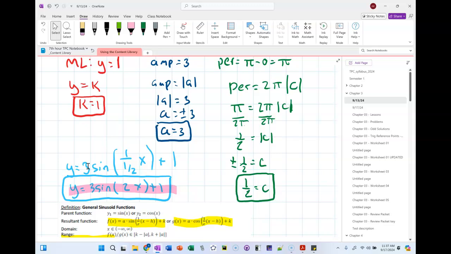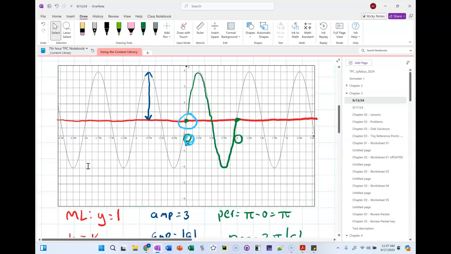Okay? So far, so good. Now I have to show you how I choose between positive A or negative A. In the case where the graph crosses x equals 0 at a midline, I look at the next extrema after that, which is this.